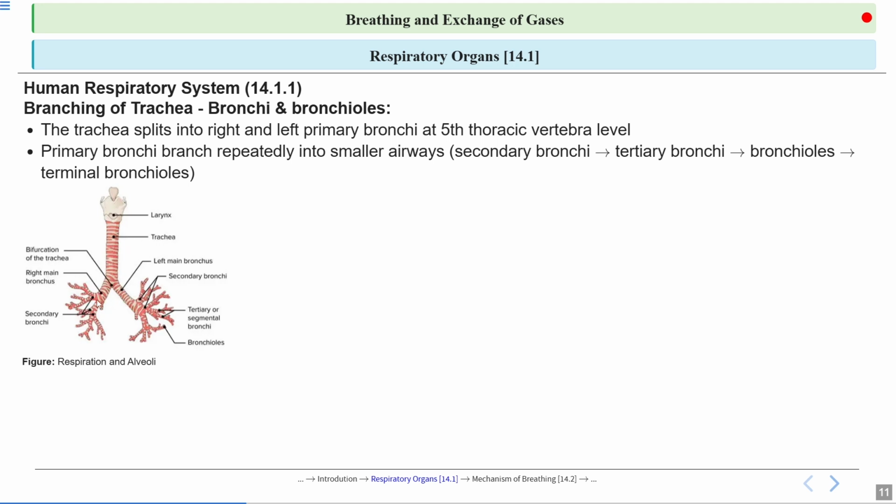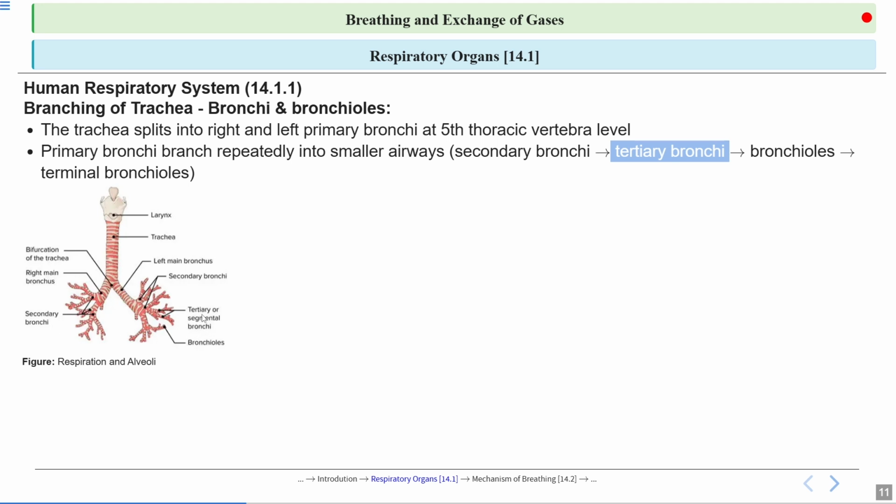Then the trachea further divides into right and left bronchi. You can see the right main bronchus and left main bronchus. Then the bronchi are divided into secondary bronchi, and secondary bronchi into tertiary or segmented bronchi.